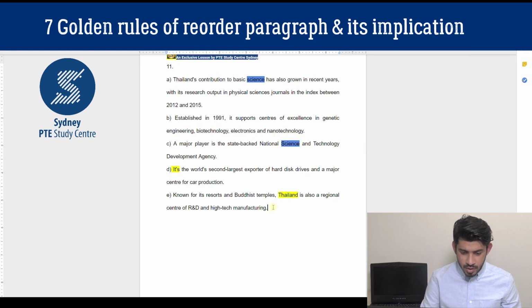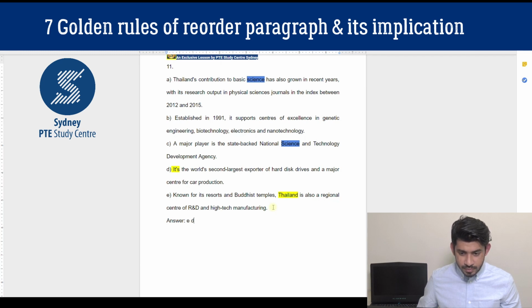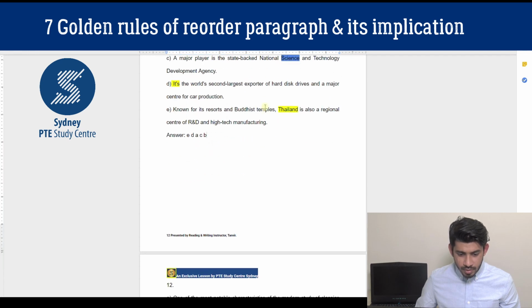So as you know the answer, the first sentence is E, then D. And then A talks about science, and then a major player is the state-backed National Science and Technology Development Agency. And obviously that agency was established in 1991. B is your last sentence. So your answer is E, D, A, C, B. You only had to look at just four words, that's it. Now number 12.